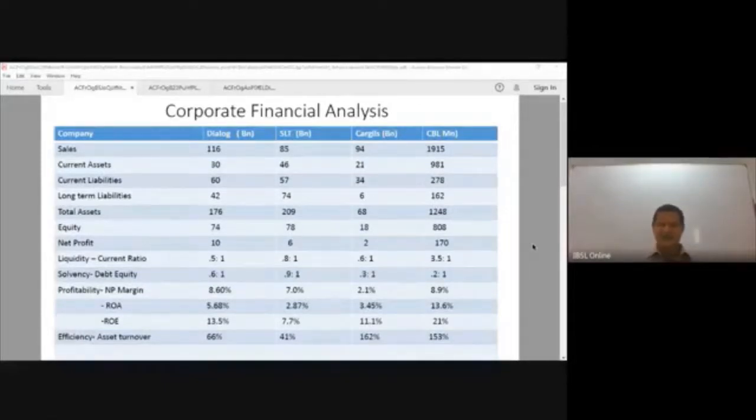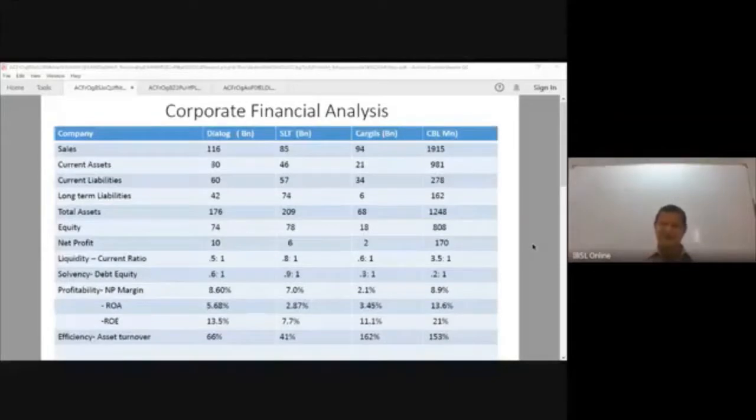So we'll do a comparison of how we analyze their figures. Then I also took 2 other companies. They are giants in themselves. One is Cargill's, a trading company which has a huge supermarket chain. The other one is Ceylon Biscuits Limited, a leading biscuit manufacturer in Sri Lanka. So I have taken 2 from the telecom industry, 1 from trading, and 1 from manufacturing.